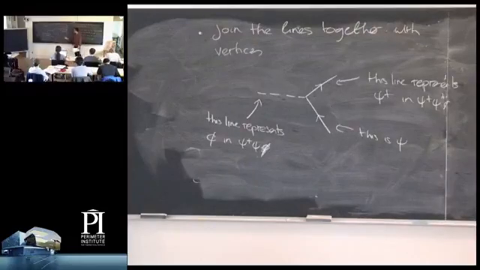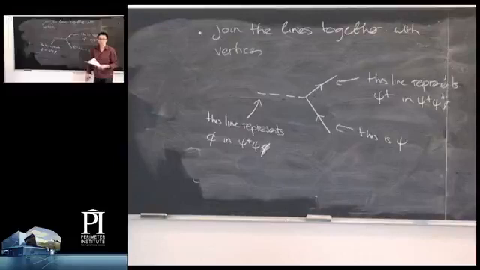So if we had a term that was quartic in fields, we'd draw pictures with 4 legs all meeting at a point. For example, if we had a single real scalar field with a phi to the 4 term, there'd just be 4 lines meeting at a point. And we'll deal with that maybe in the lecture.